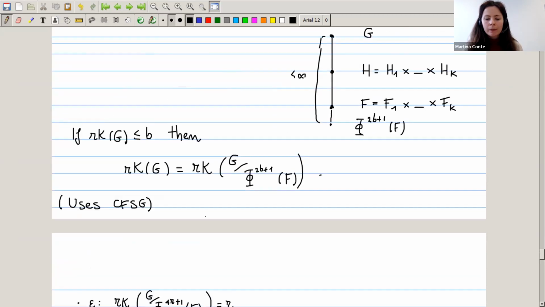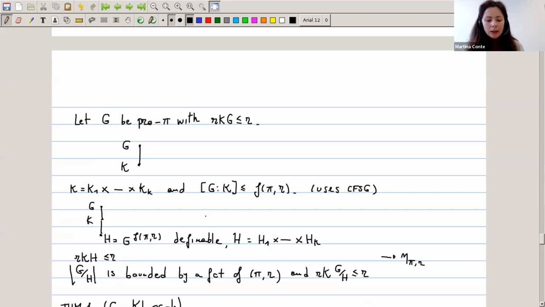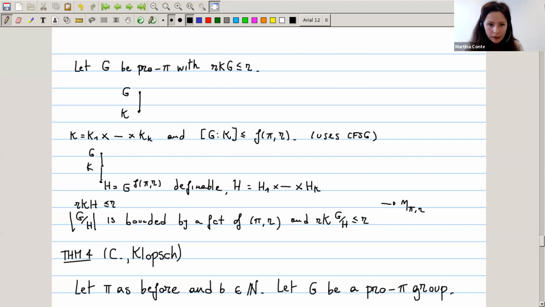As far as the dimension is concerned, since H has finite index in G, the vector of dimensions of H is equal to the vector of dimensions of G. And so we can just look at the group H and use the C-pi case to state what the dimension is via a first order sentence.